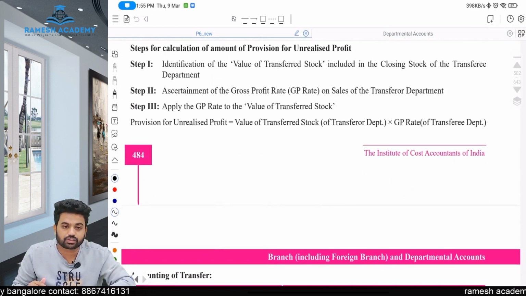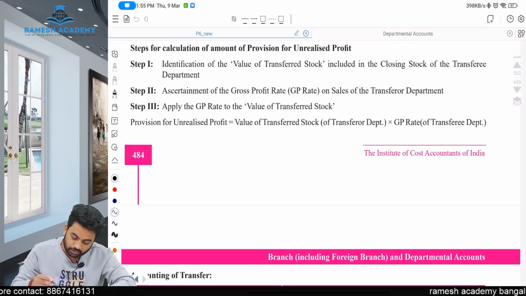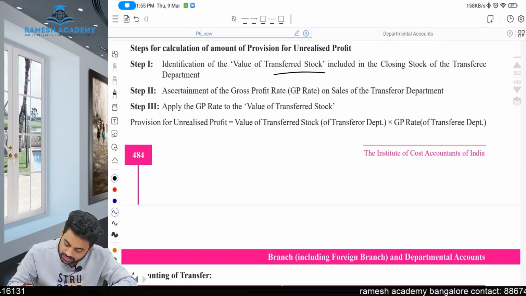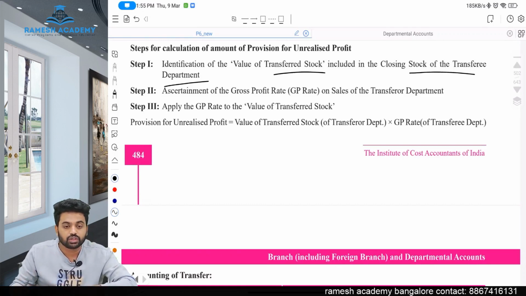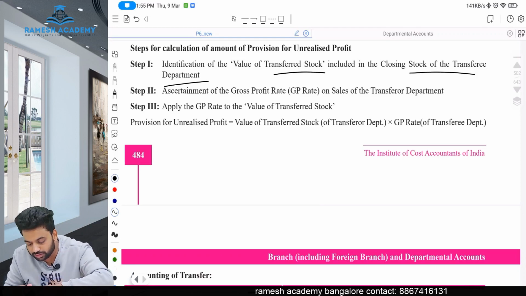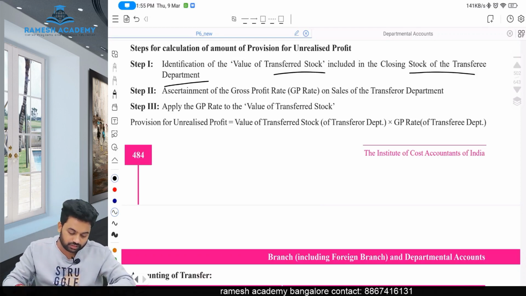What are the steps included in the calculation? Step 1, identify the value of transferred stock included in the closing stock of the transferee department, the one that received the transferred goods.